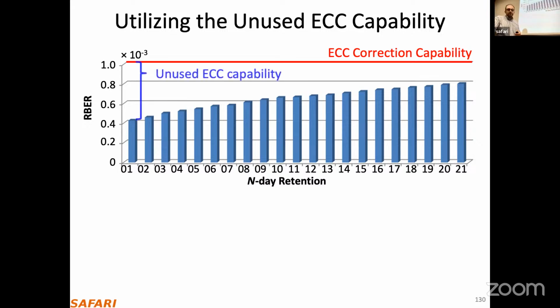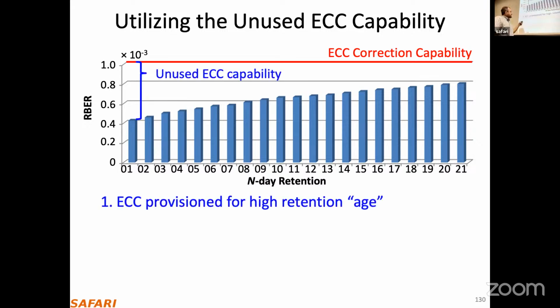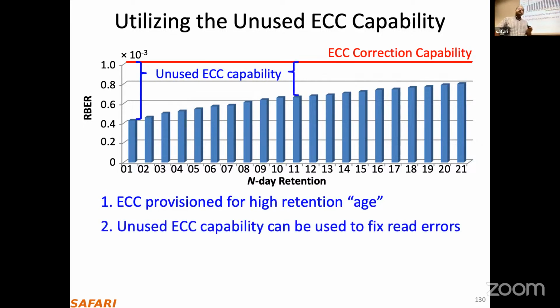So you can use this unused ECC capability to fix the errors that can be caused by reducing the VPass. So we reduce VPass, we generate some errors, but those errors are not bad for us because we can fix them by ECC, right?